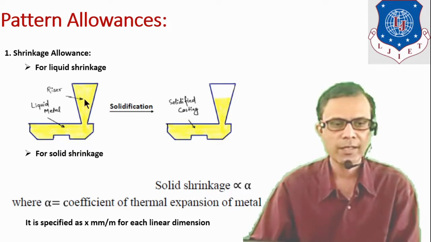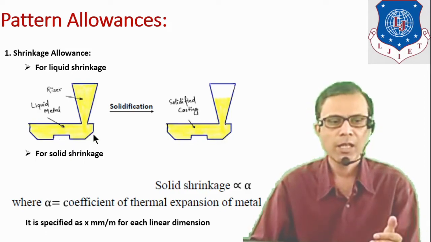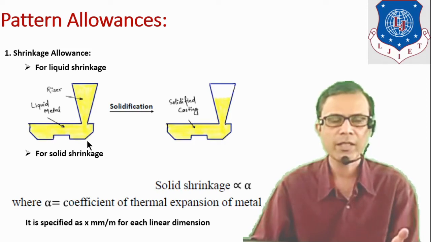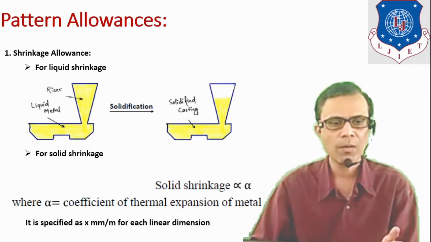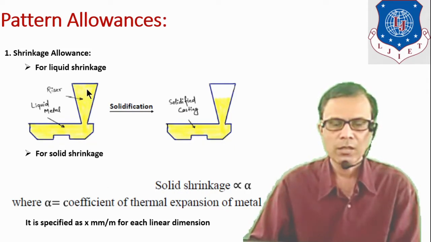Here it is the riser portion, with liquid metal. When it is poured inside the cavity and the cavity is fully filled, the liquid molten metal will start to come up through this riser. Here the liquid metal is shown by this yellow color.